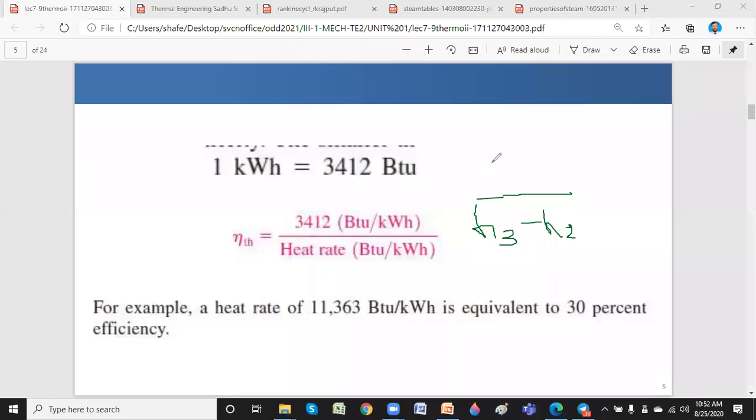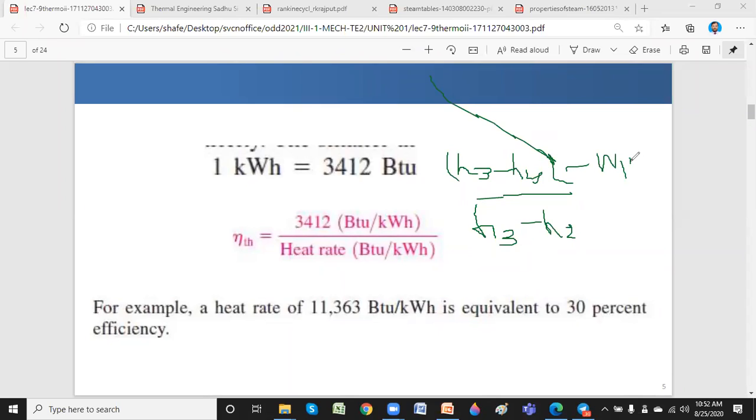Then the net work is H3 minus H4, that is your turbine work, minus the pump work.